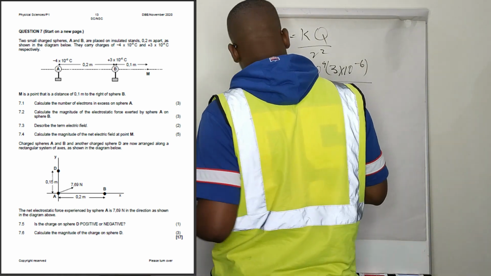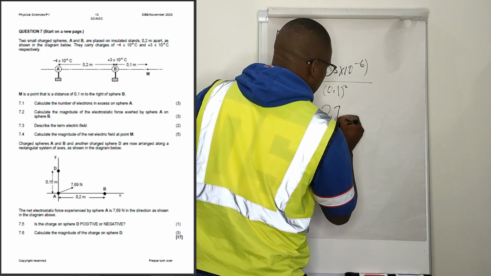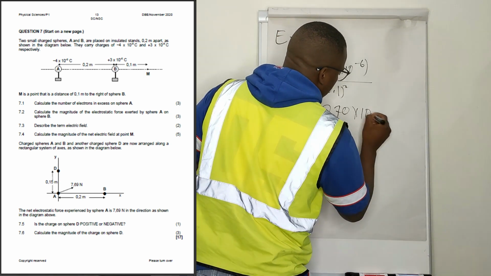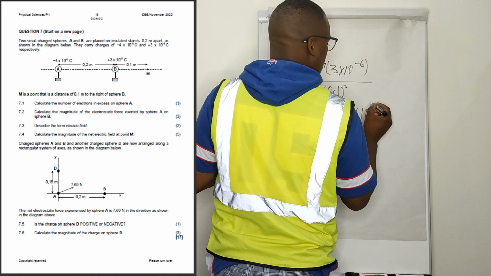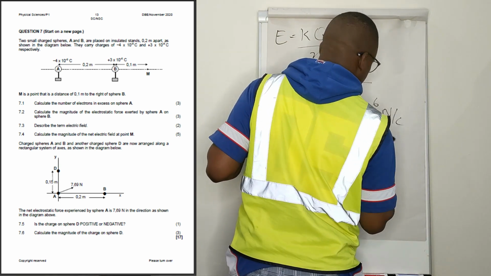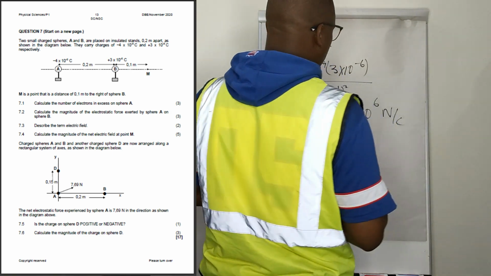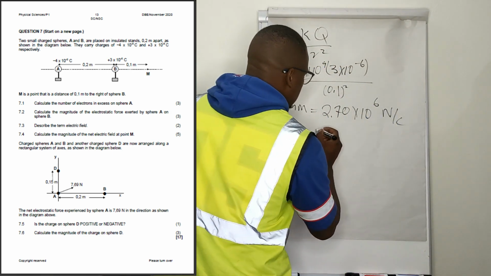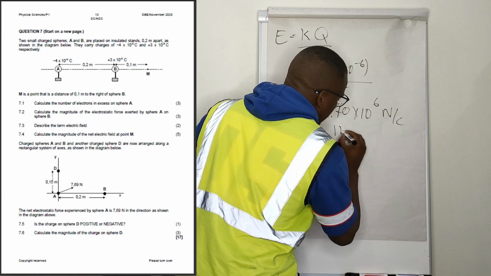So what do we have? We have 2.70 times 10 to the power 6 newtons per coulomb. Okay, so this is what we have, and this is to the right.